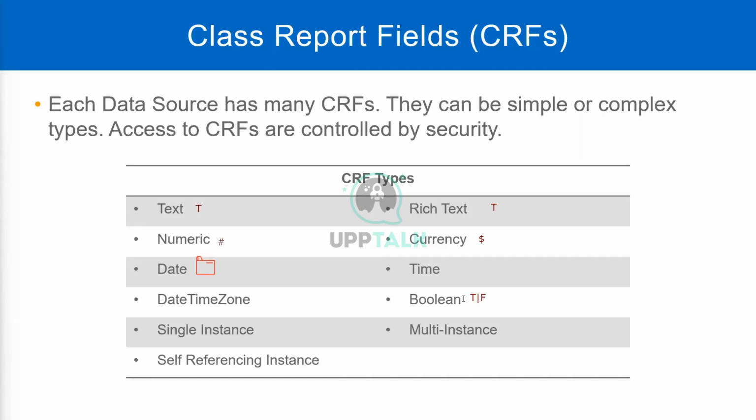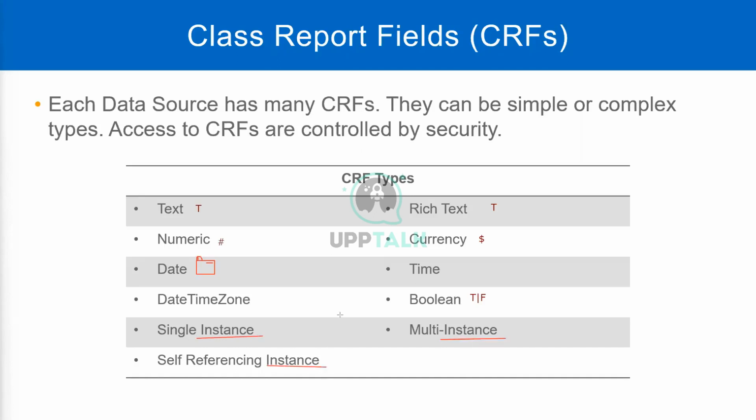Now come some types of fields which are specific to Workday: single instance, multi-instance, self-referencing instance. We see this term instance. The instance fields are actually pointers to other data instances.